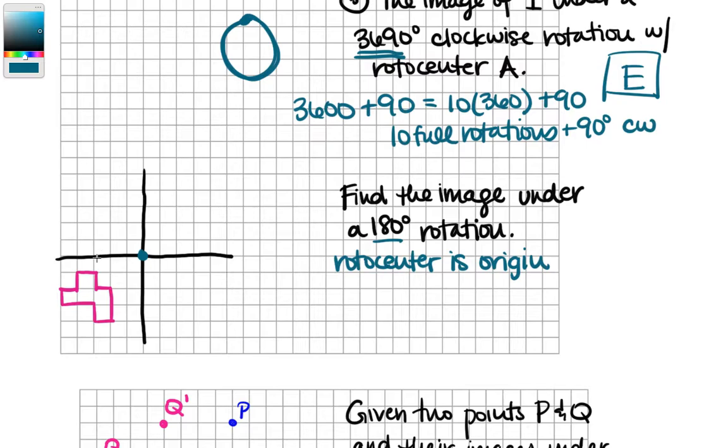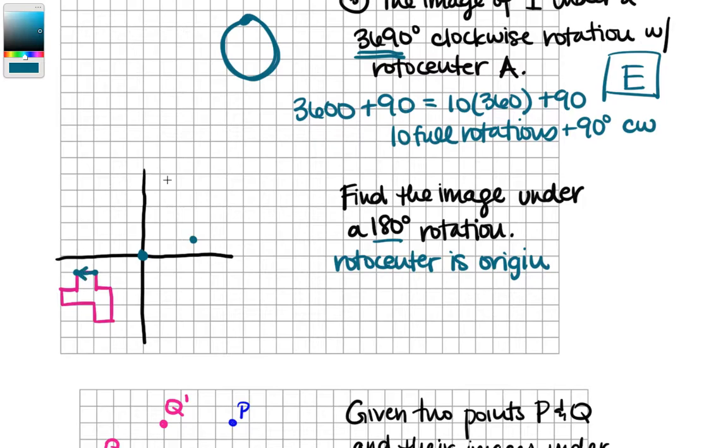Okay. And what I'm going to think about is, let's just start thinking about this little point here, this corner. Well, it was 3 units to the left and 1 unit down. So when I take that and flip it over, it's going to be 3 units to the right and 1 unit up. And now this one, it was out to the left 1 unit.